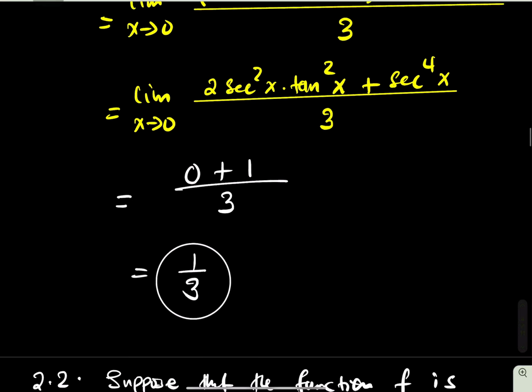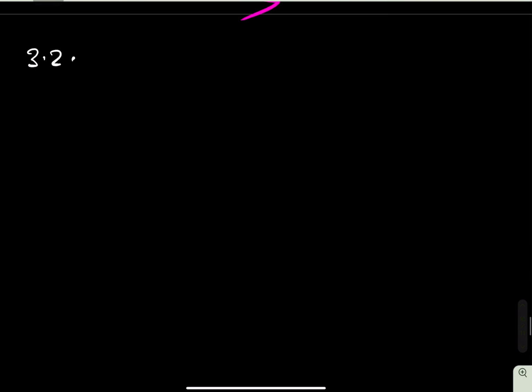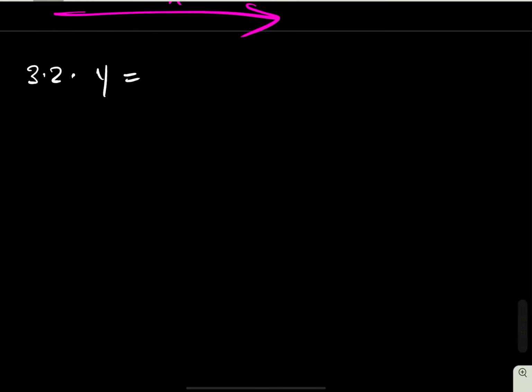Use the quotient rule to find y prime if y equals 5x over the square root of x minus 2x squared. Okay, so let's find the y prime there. We are given y equals 5x over the square root of x minus 2x squared. We want to find y prime there.